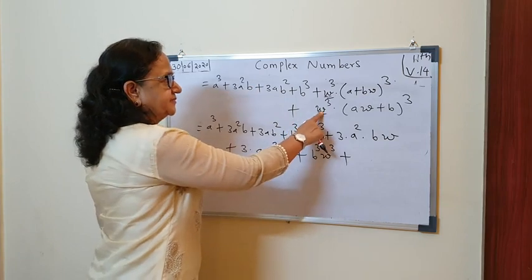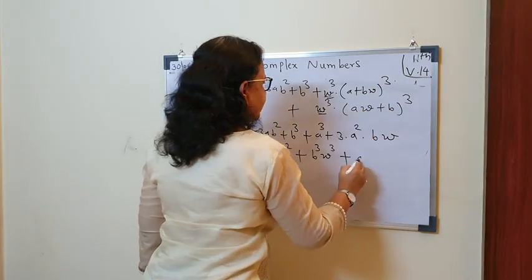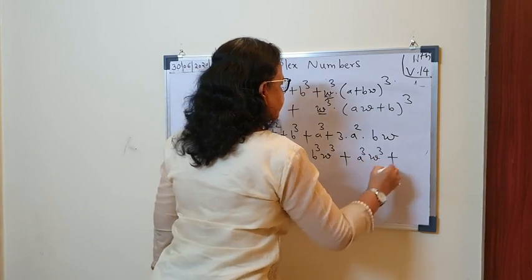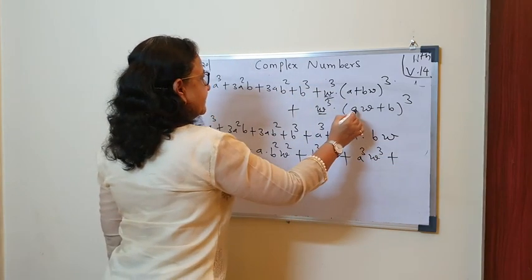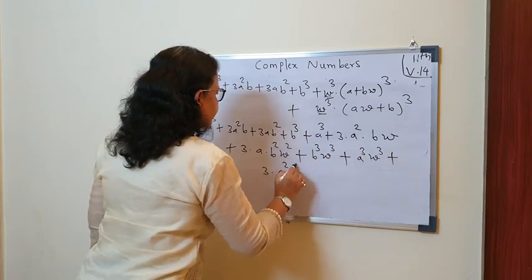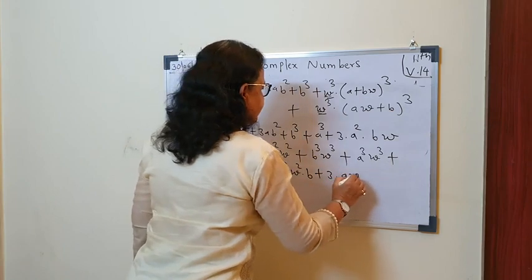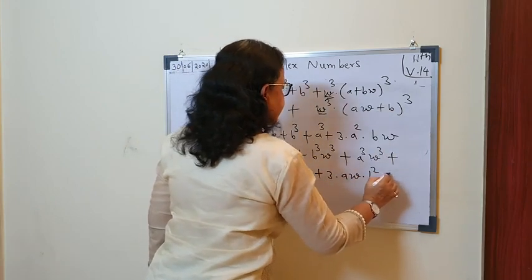Again this is 1, so I don't have to write. Again open out (a omega plus b) bracket cube. First term a cube omega cube plus 3 a square omega square into b plus 3 a omega into b square and plus b cube.